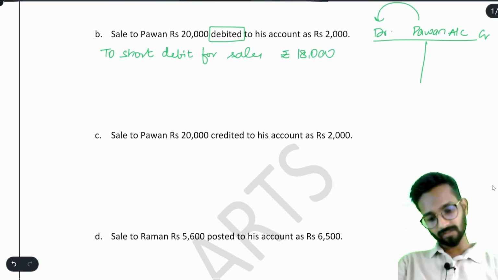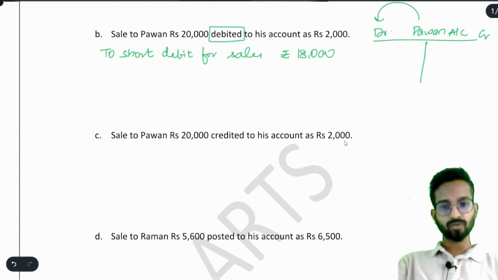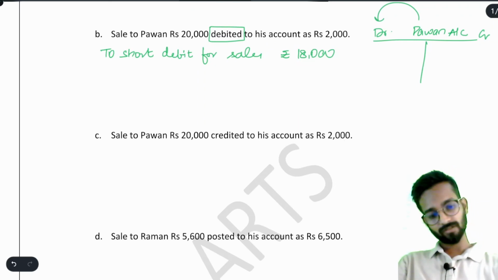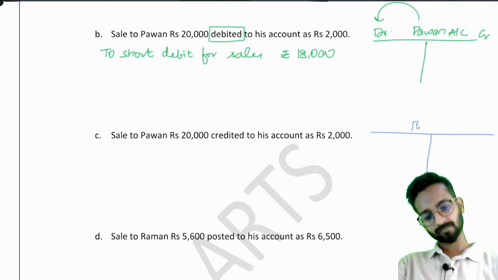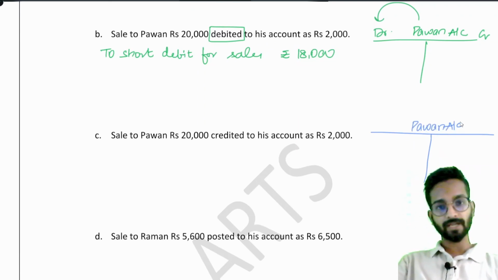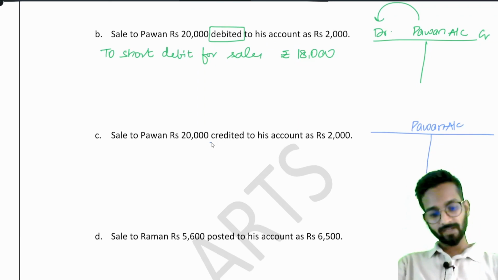Now see what it is saying. Sale to Pawan rupees 20,000 credited to his account as rupees 2,000. Oh my god. See what is happening. This is Pawan's account. First I am telling you what actually happened. They are saying we credited his account by 2,000.